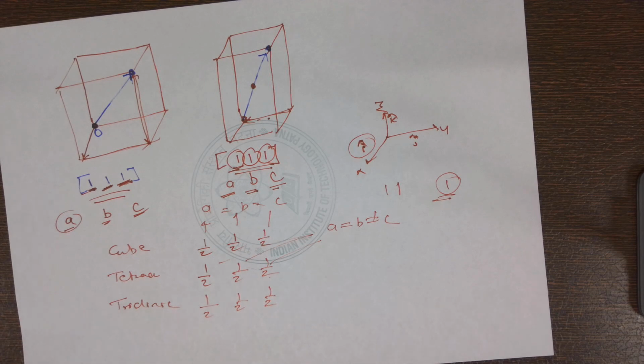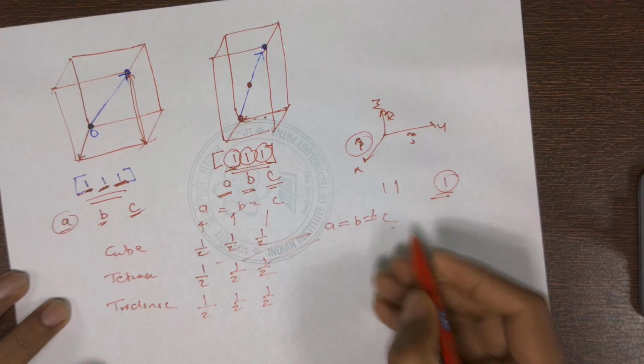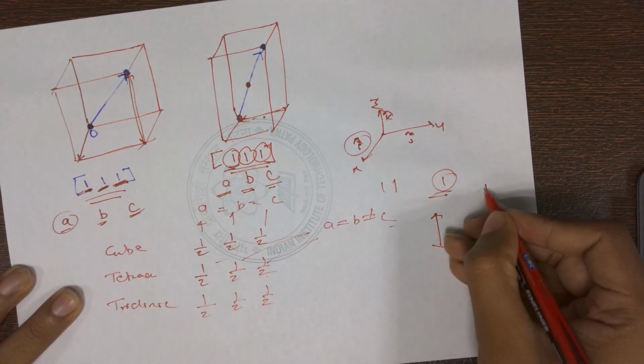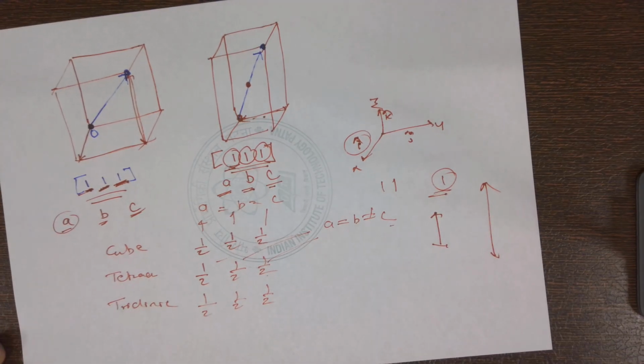So if it is sitting at the body centered, it will be 1/2, 1/2, 1/2. The Miller indices are not going to change. Only thing that is going to change will be your A, B and C. If in cube it was this, it will just stretch. So this is how it's going to be.